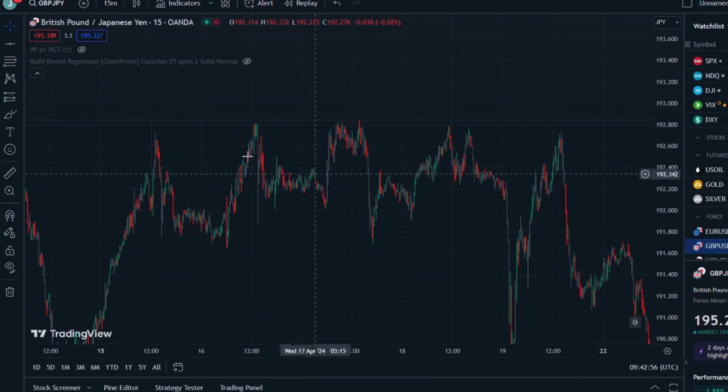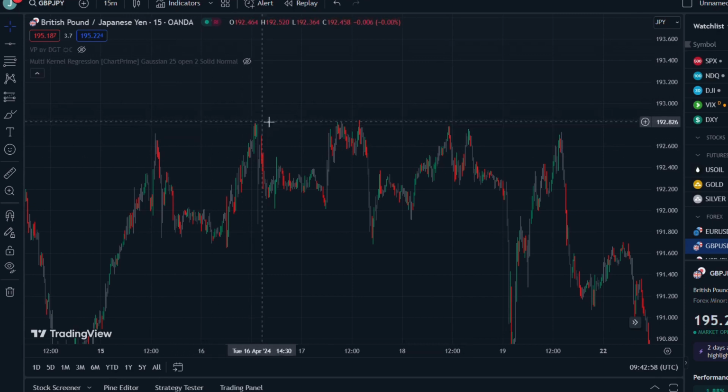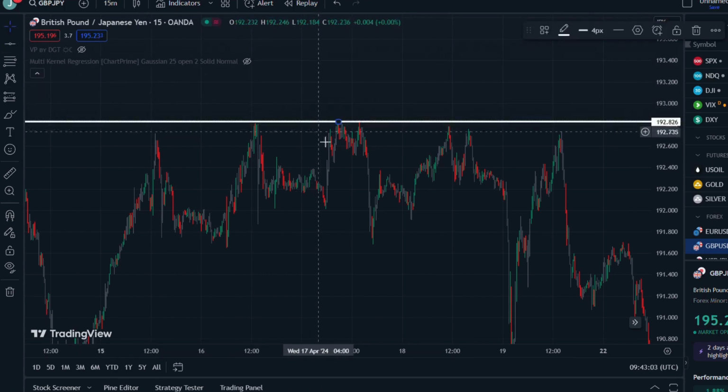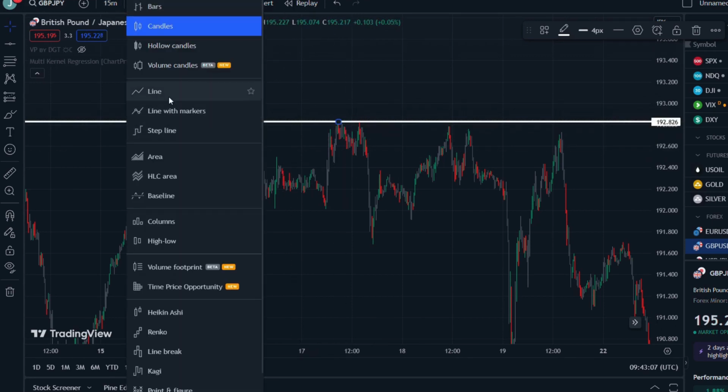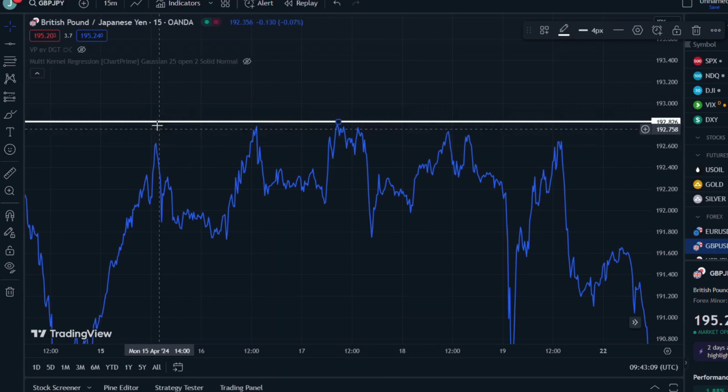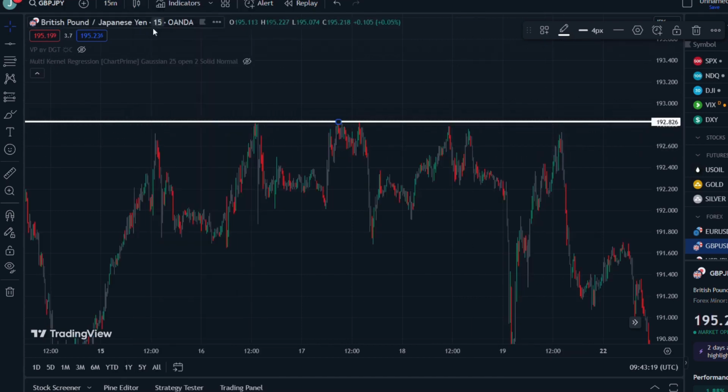So as you can see here, this price, not exactly 192.7999, this area here can work as a resistance level. So we can draw this line here and figure out that maybe there is some area from the previous time that the price did not touch, but it's very close to.